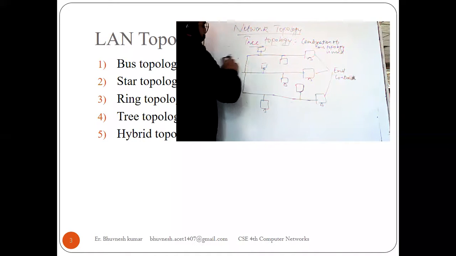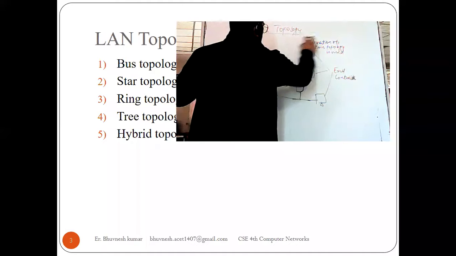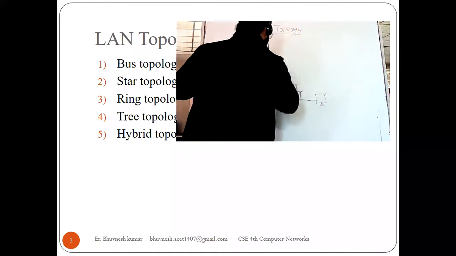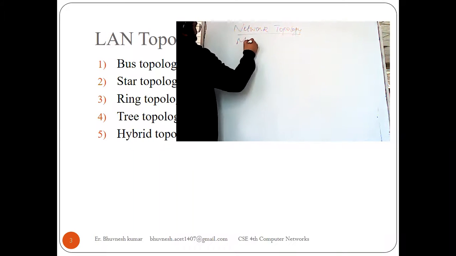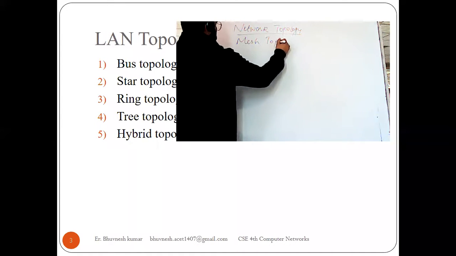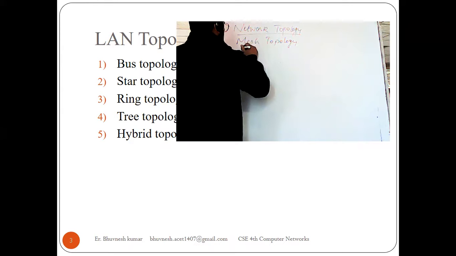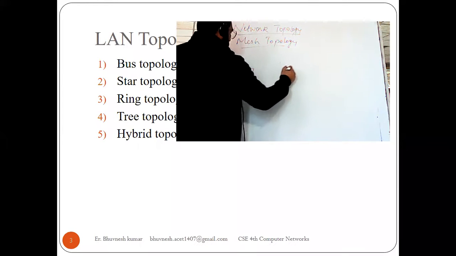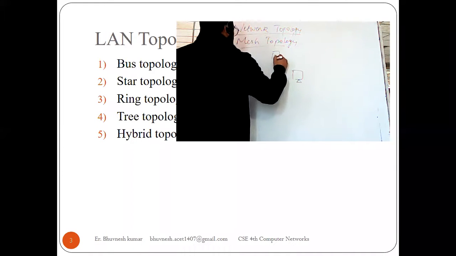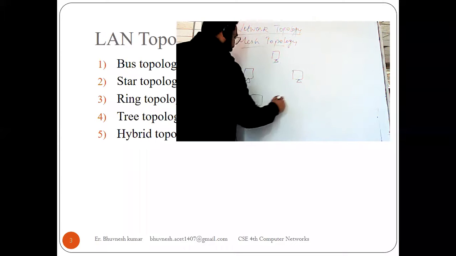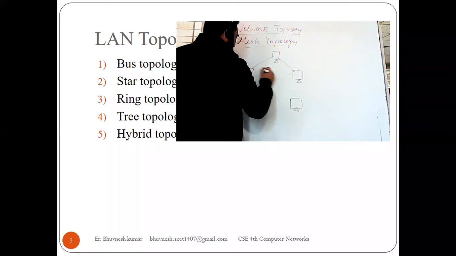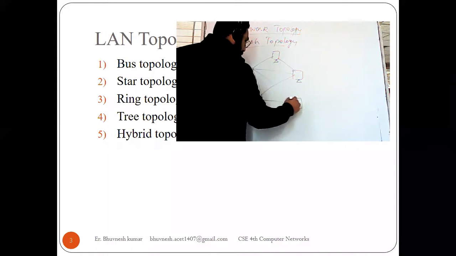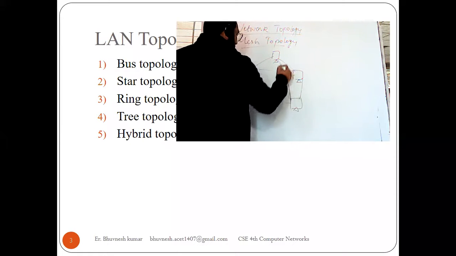And next one is your mesh topology. Here a network of 5 PCs is there, and each PC is connected with each other, and it will make a mesh.